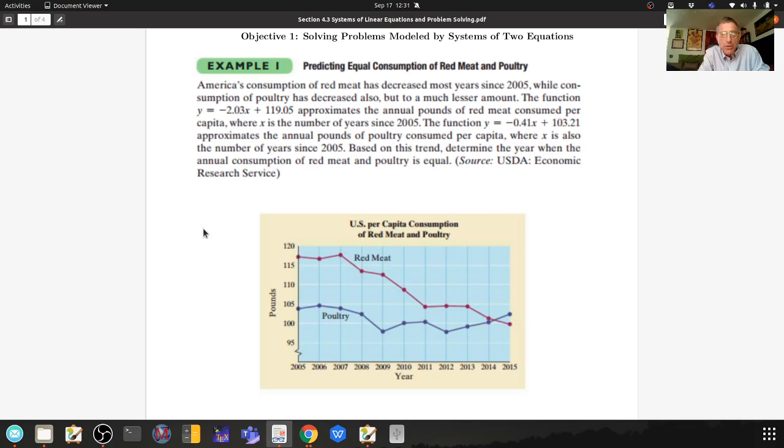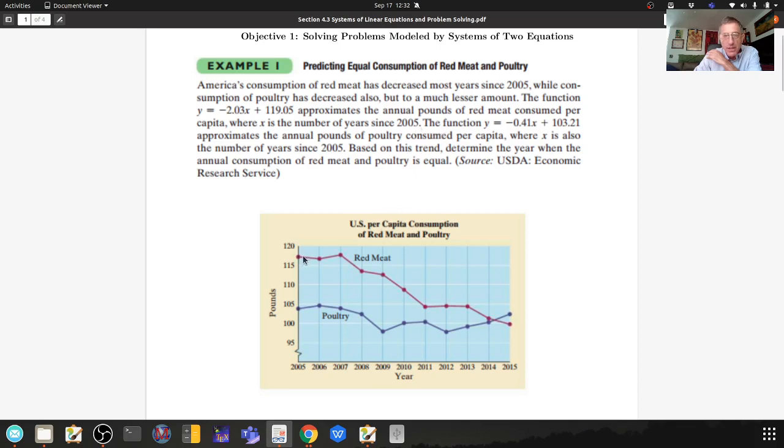So the function y equals minus 2.03x plus 119.05 approximates the annual pounds of red meat consumed per capita, where x is the number of years since 2005.